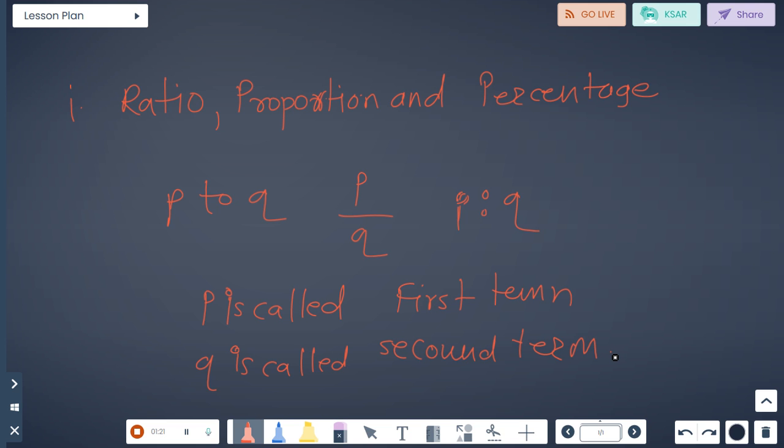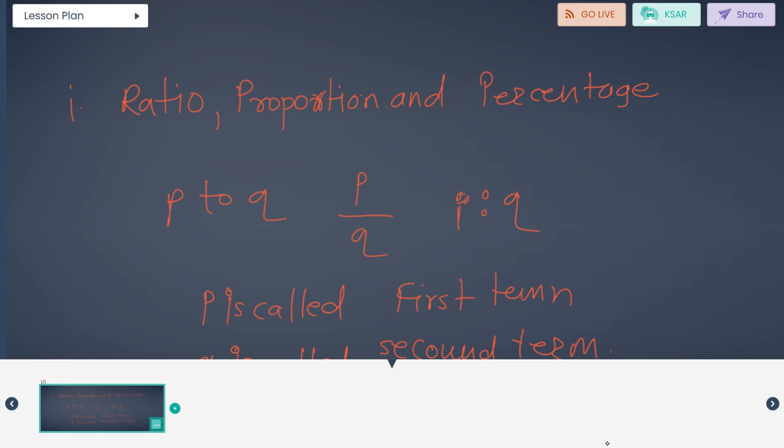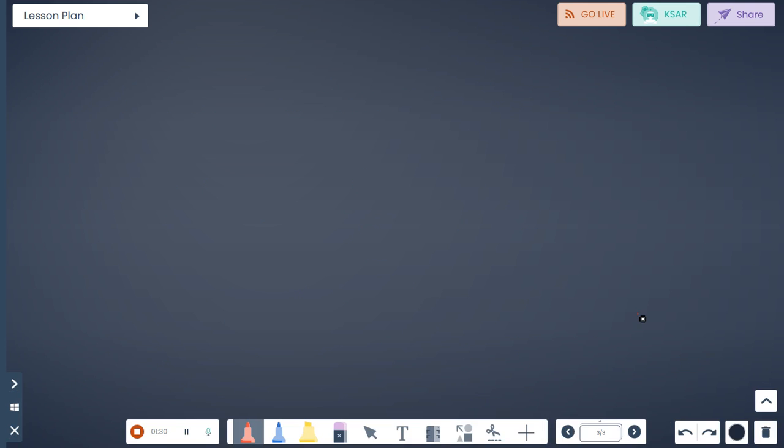For example, the ratio of two quantities, rupees 75 to rupees 100.